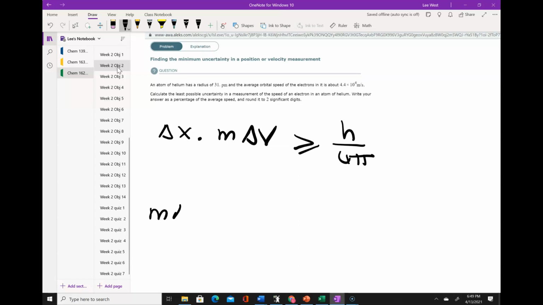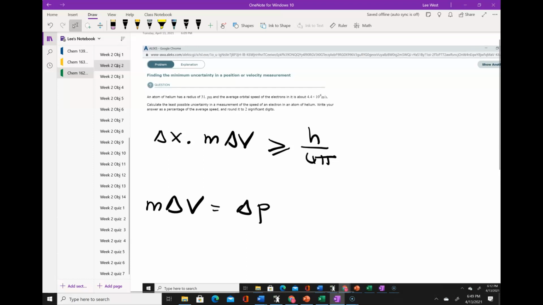Now, in ALEKS, they describe m delta v as being the uncertainty in the momentum, which is not entirely incorrect. We just haven't really learned, unless we've taken physics, that momentum is equal to mass times velocity. So don't get too hooked up on that. The P just indicates momentum, and momentum is just the product of the mass and the velocity.